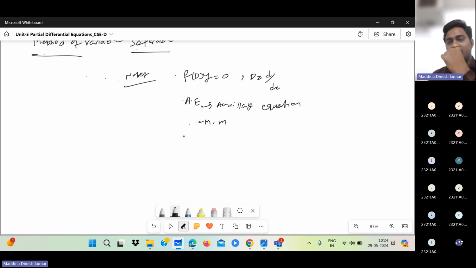The complementary function, that is C.F., solution will be y = c1 e to the power of minus mx plus c2 e to the power of mx.